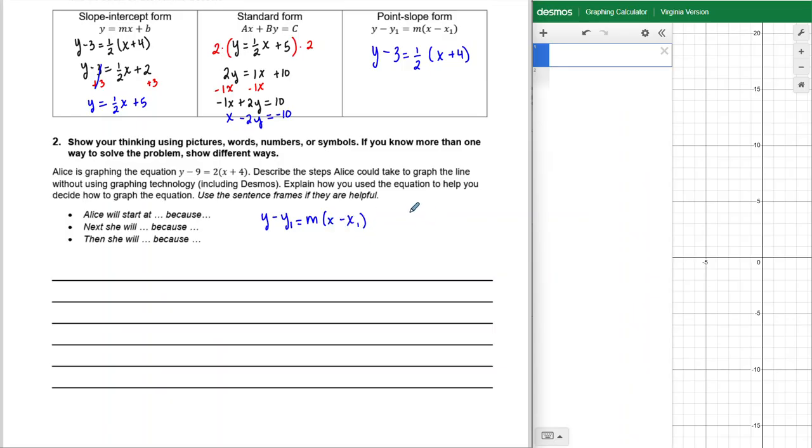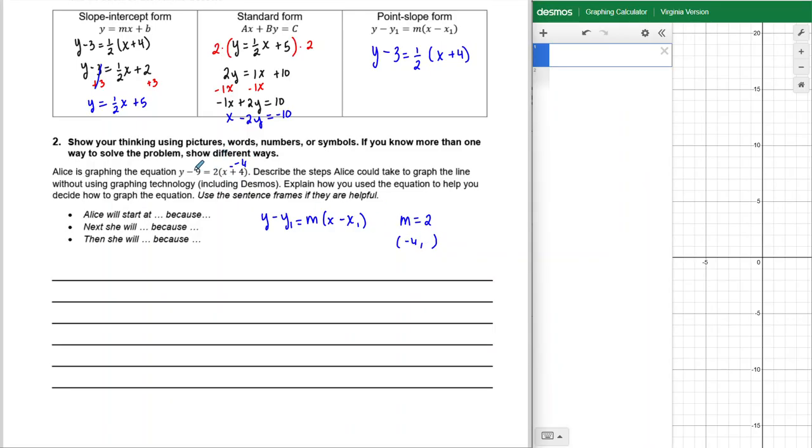So I know that the slope is this number right here. So in our case, the slope here is 2. That's the shape of the line. And then my point is the x coordinate right here. So technically this is a negative 4, so my x is going to be negative 4.